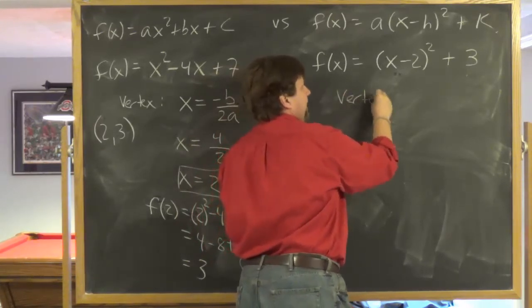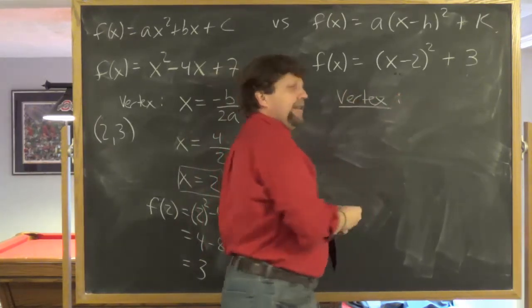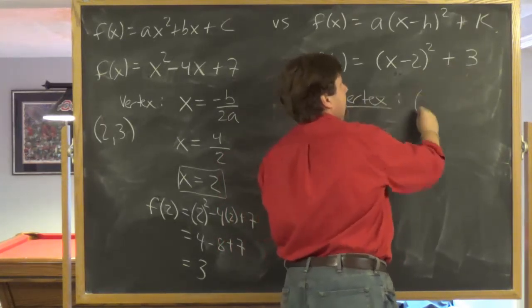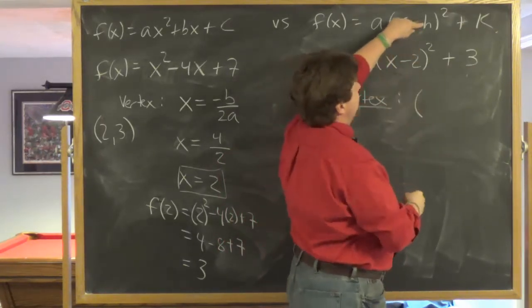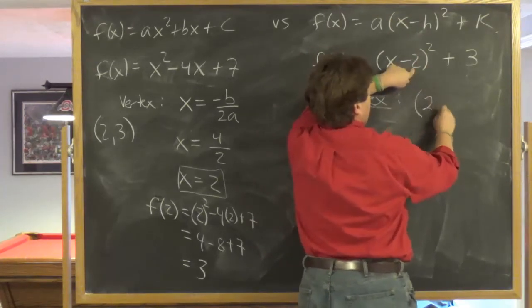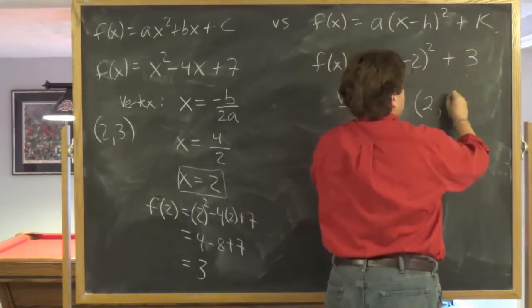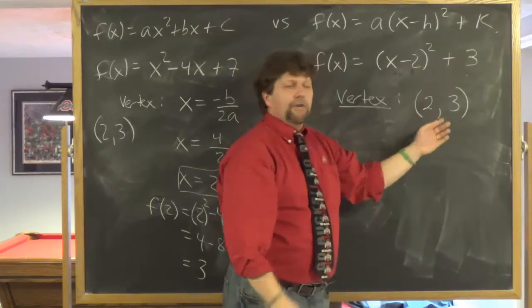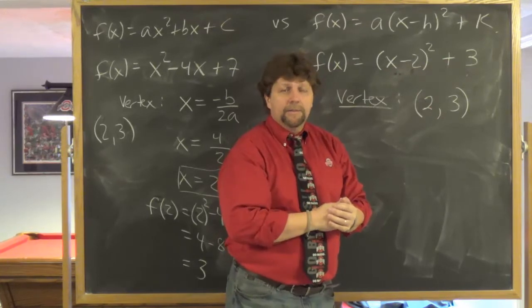We should always think of finding it first. So I find the vertex, and because it's in the standard form, I can immediately read the vertex as h is 2, k is 3. So I can immediately read the vertex as (2, 3).